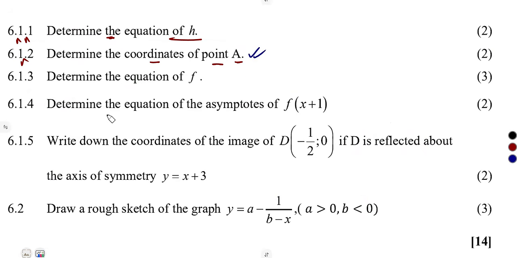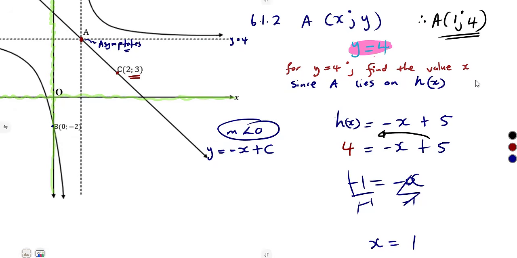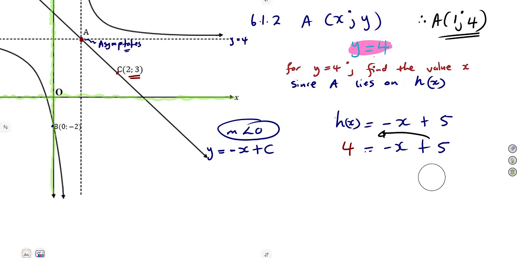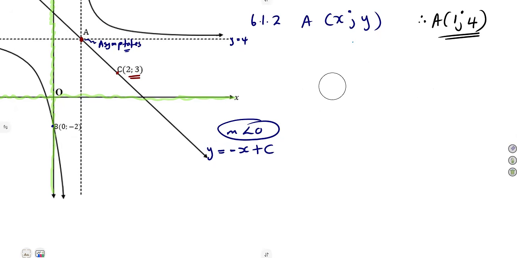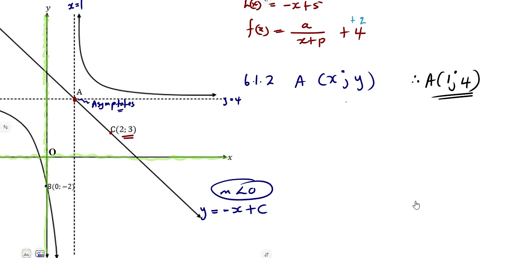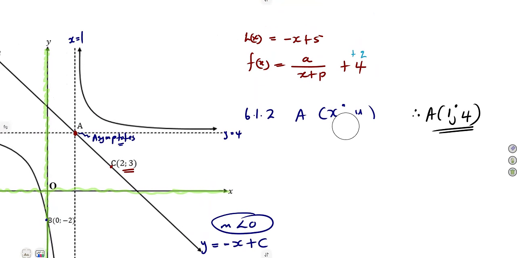6.13. Determine the equation of f, for 3 marks. All right, so the equation of f is now easier for us to determine, guys, because remember we've got the x value representing the asymptote. For the asymptote, the x value is 1.